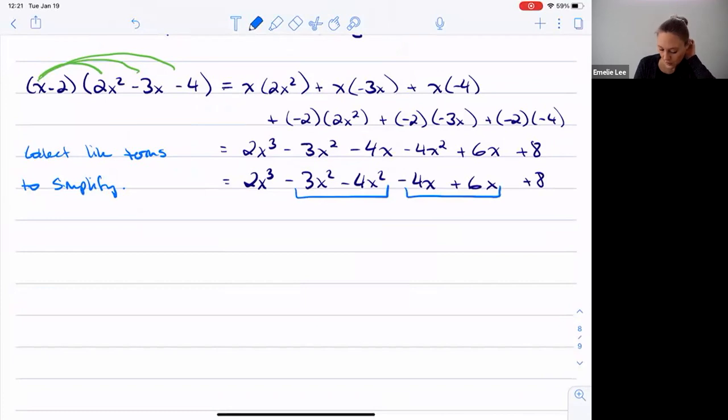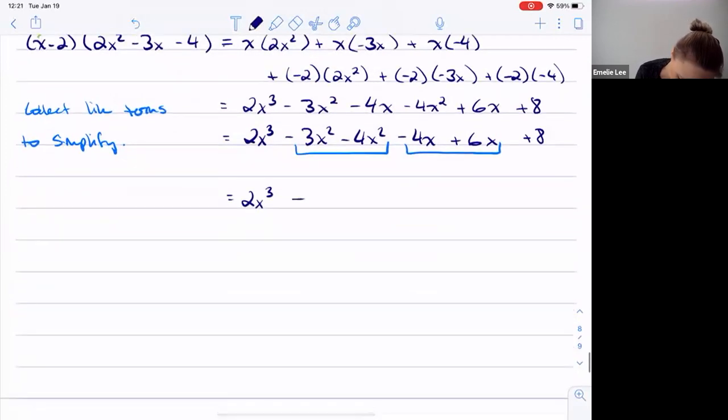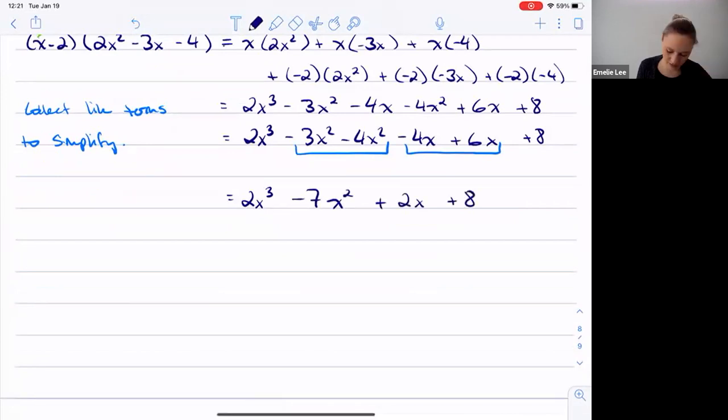Remember, we just look at the coefficient. So -3 minus 4 puts me at -7, and then -4 plus 6 puts me at +2. So where I'm at here is I have 2x to the power of 3 minus 7x squared plus 2x plus 8.